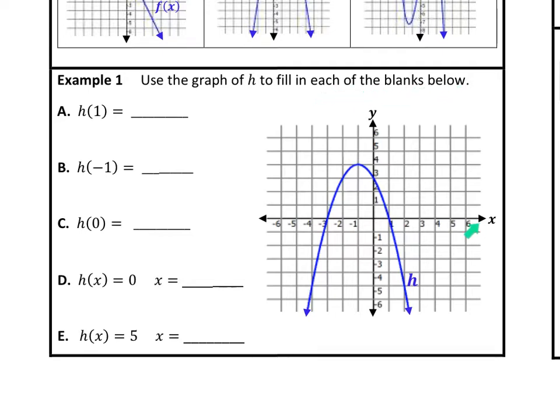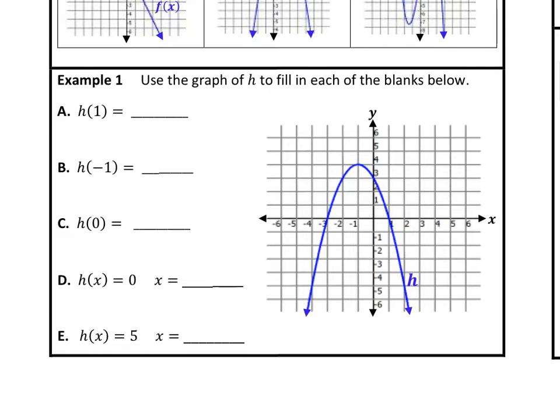They labeled this axis x, and this vertical axis is my y-axis. And then this blue graph is called h. So they're saying the graph of h, this graph. If you remember from algebra, the shape of this graph is a parabola.